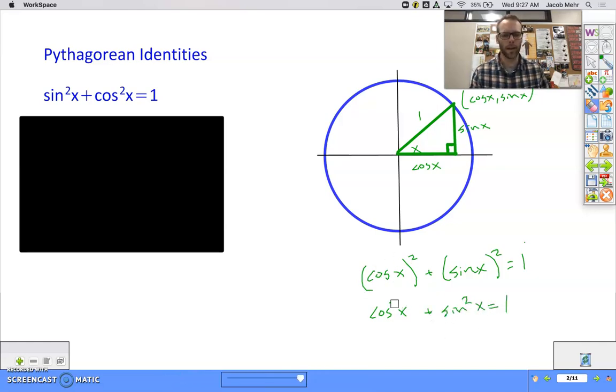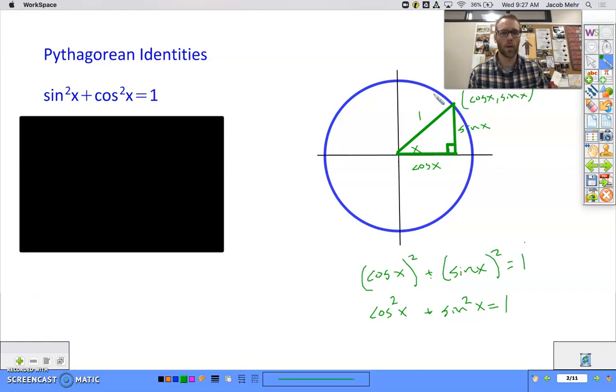Now, why do we put it there and not just here? Well, if I write the squared there, it would look like the x is being squared, that the angle is being squared, and that's not the case. That's why we put it here. So we have the sine squared of x plus the cosine squared of x equals 1. Now, is that always true?